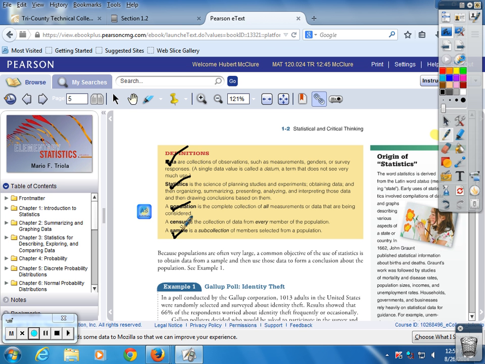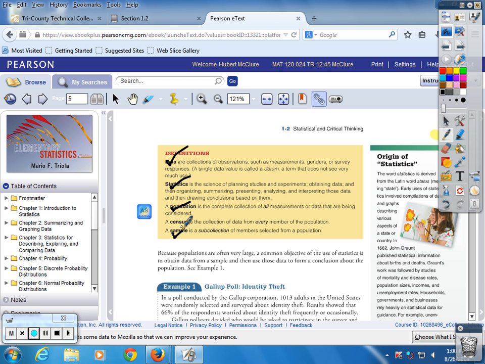Now, the whole purpose of probability and statistics is to be able to take a sample and predict with a certain accuracy the same thing for the population. For instance, if I wanted to see how many people were in the Marlboro Club at Tri-County Tech, I'll take a poll at Anderson campus.